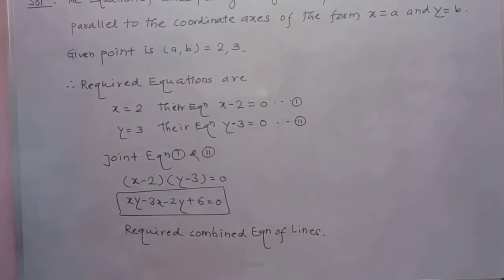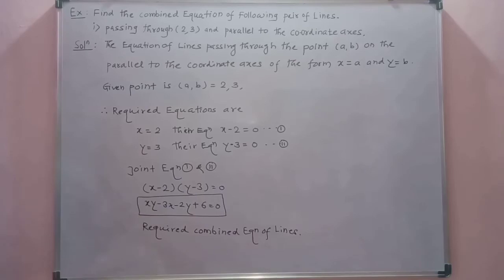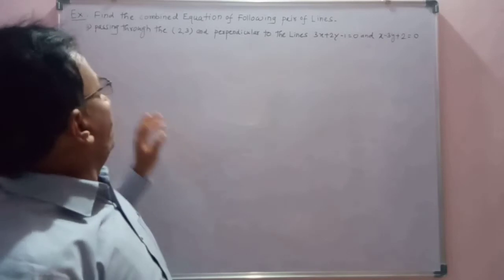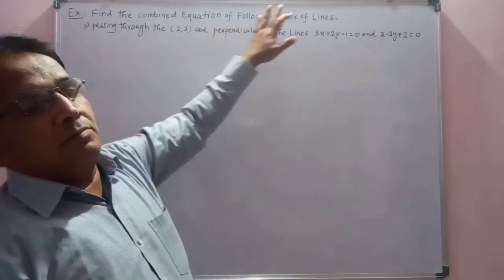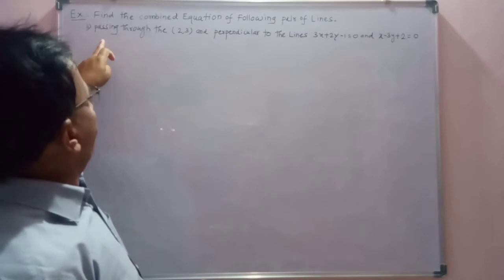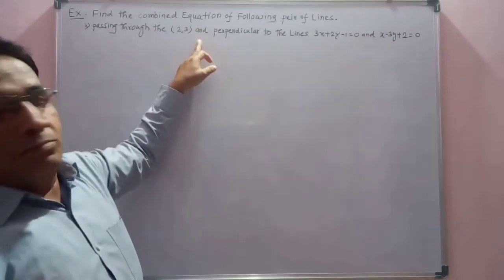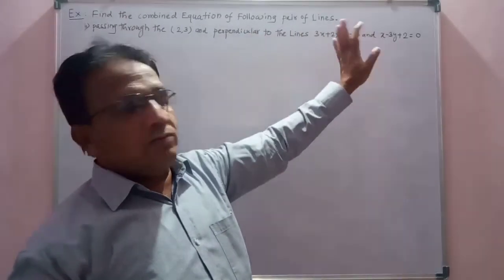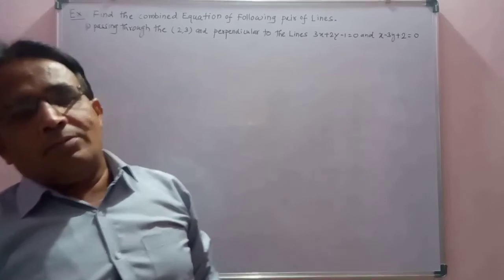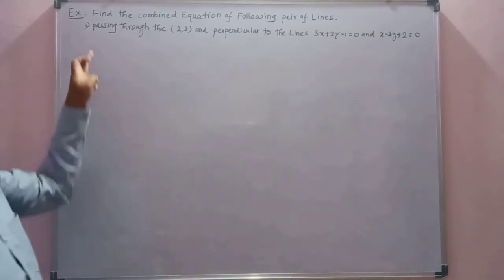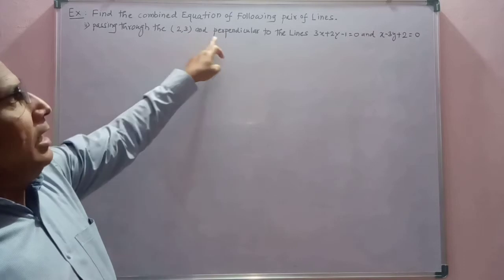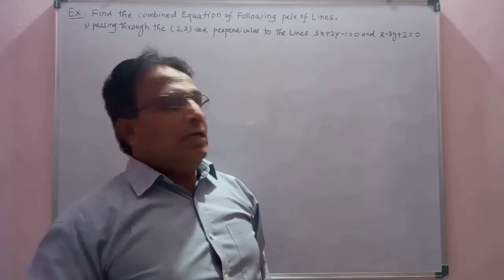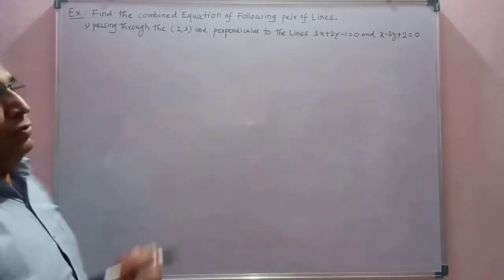Okay, we discuss the next example. Find the combined equation of the following pair of lines. The second condition is passing through the point (2, 3) and perpendicular to the lines 3x plus 2y minus 1 equal to 0 and x minus 3y plus 2 equal to 0.